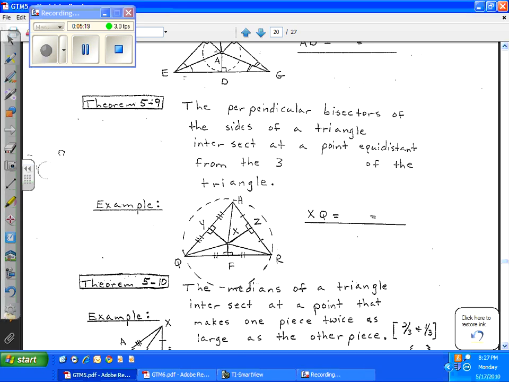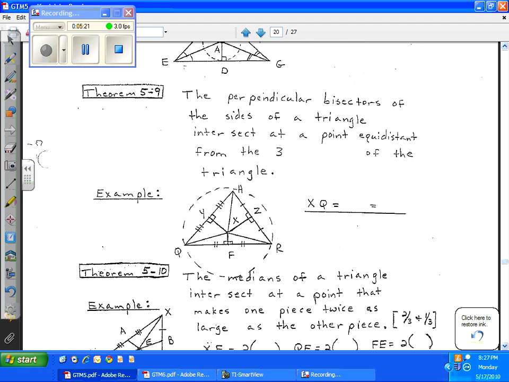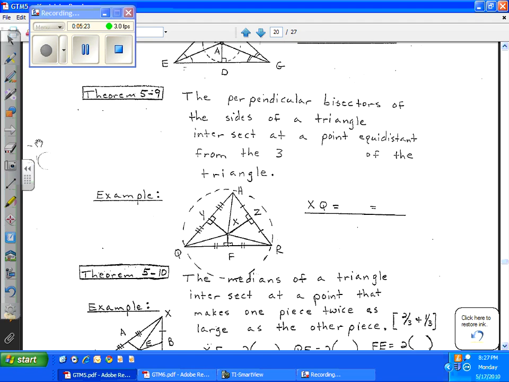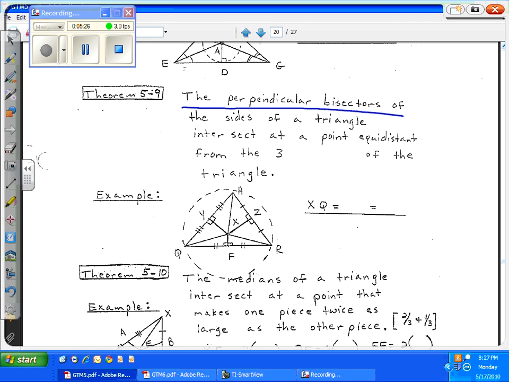Theorem 5.9, the perpendicular bisectors of the sides of a triangle intersect at a point, which means that they are concurrent at a point, equidistant from the three vertices of the triangle.